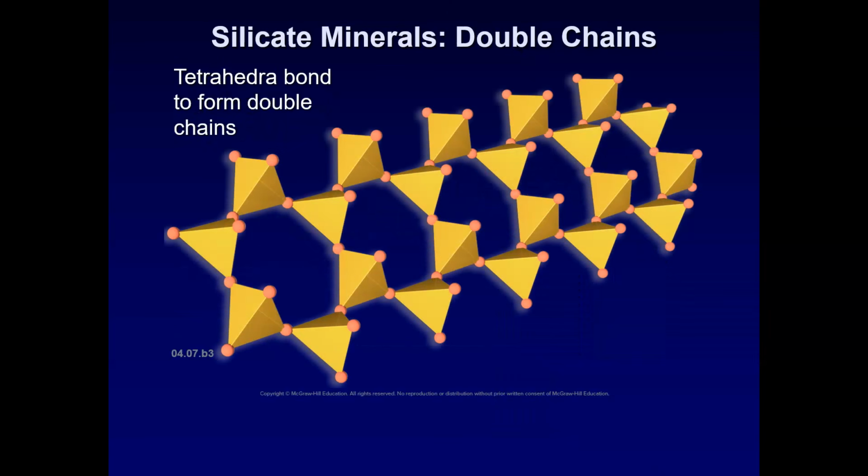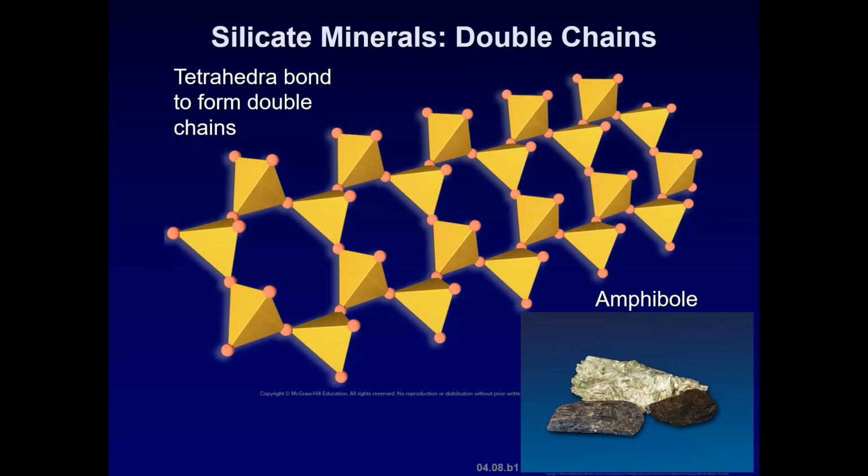You can have a silicate mineral with double chains where the tetrahedra bond to form those chains, as with amphibole. And then that mineral cleaves parallel to the double chains, which results in 2 planes of cleavage at 60 and at 120 degrees.